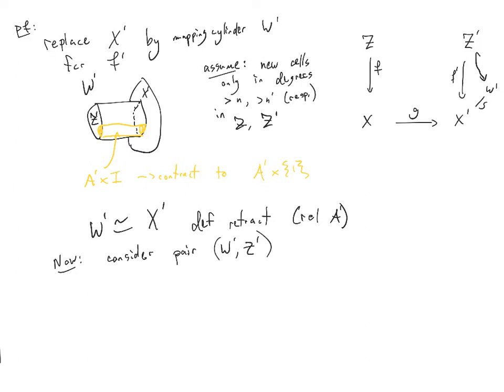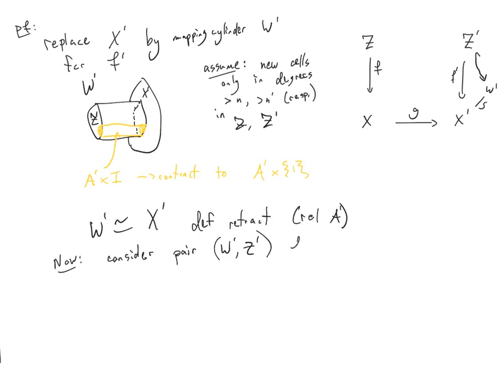Now the fact that f prime is an isomorphism in degrees bigger than n and an injection in degree n means that this pair has trivial homotopy groups in high degrees. So how should we write this?